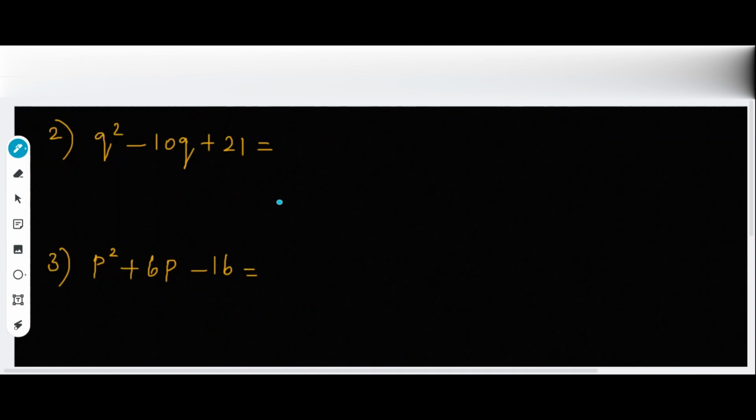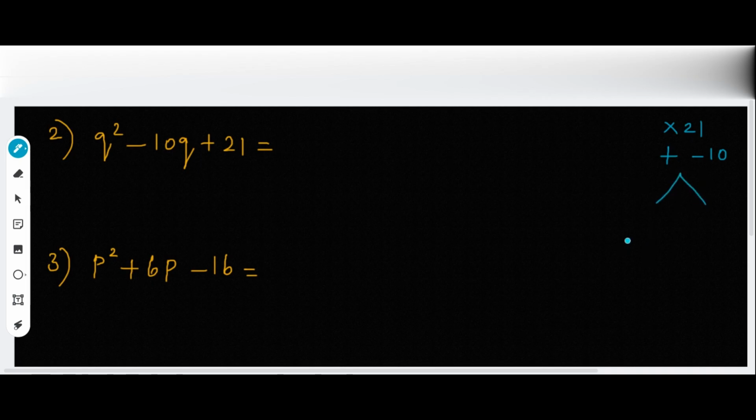And then the second question, q square minus 10q plus 21. Here your product is 21, and your sum is negative 10. If you multiply two numbers, your product will be positive 21, and the sum is negative 10.